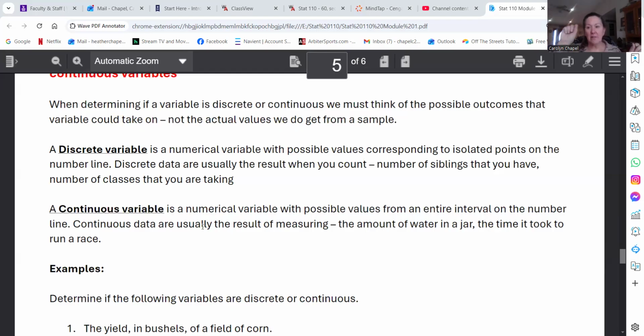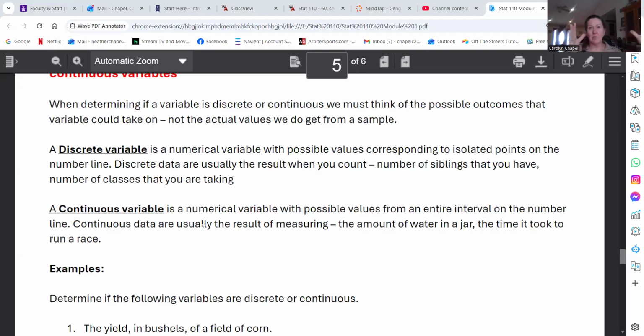A discrete variable is a bunch of dots on our number line, like 1, 2, 3, 4. We could even have fractions like 1, 1.5, 2, 2.5, but they're just isolated points on the number line. A continuous variable has outcomes that could be anything from one value to another.